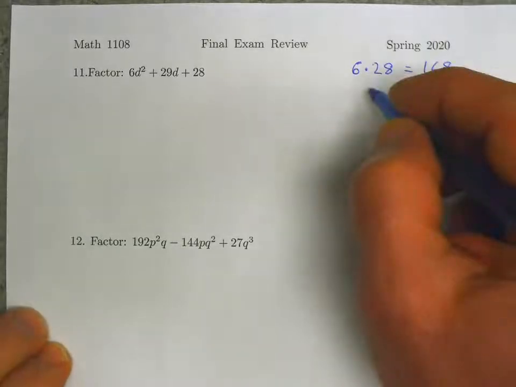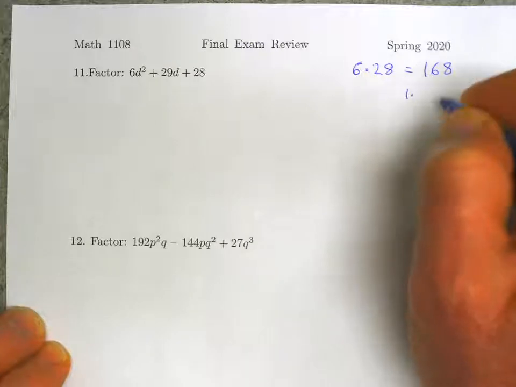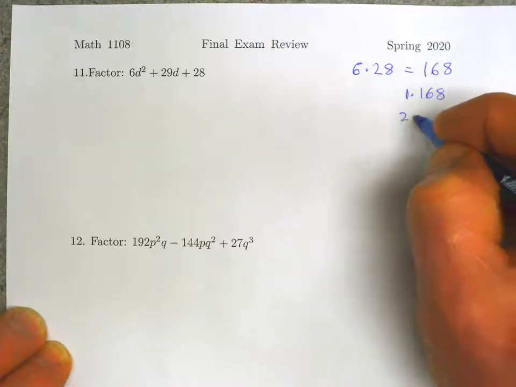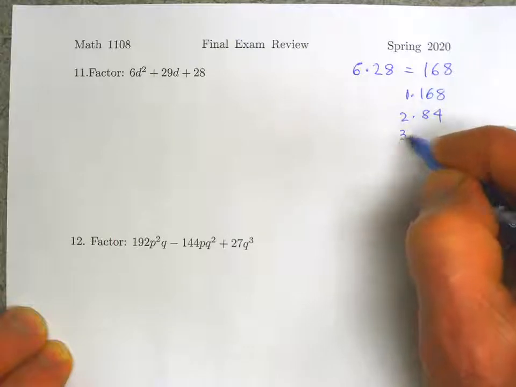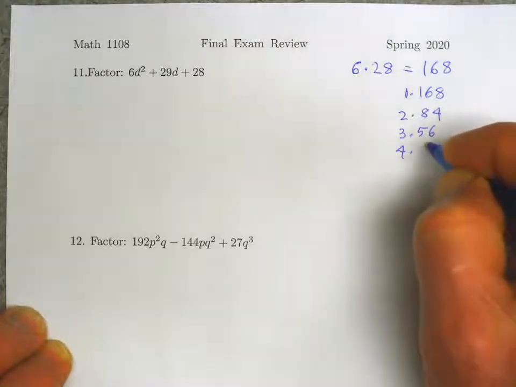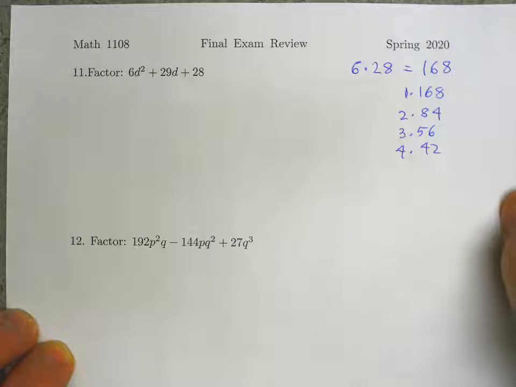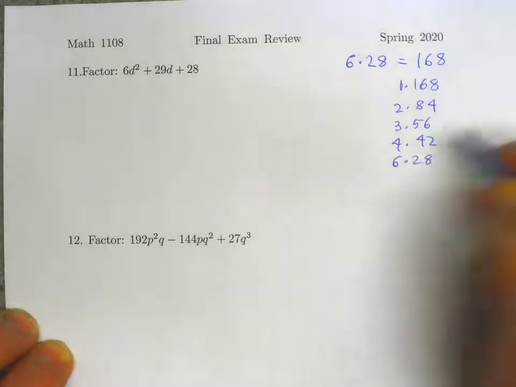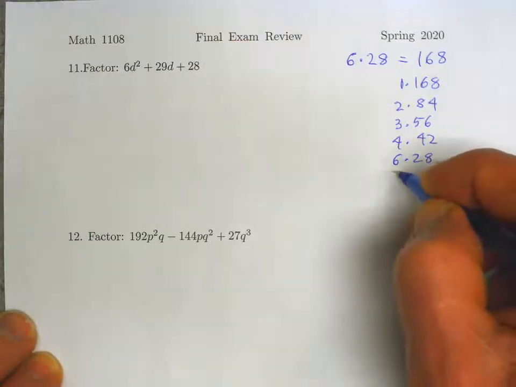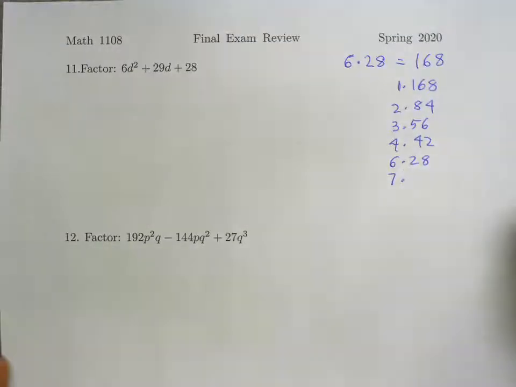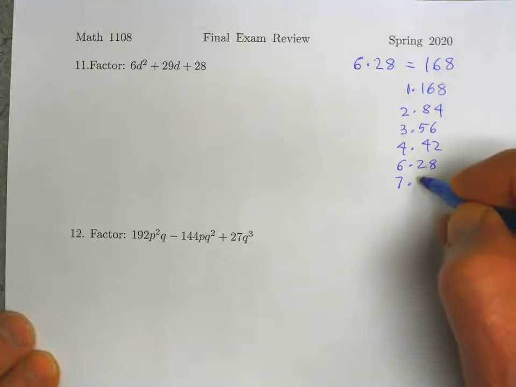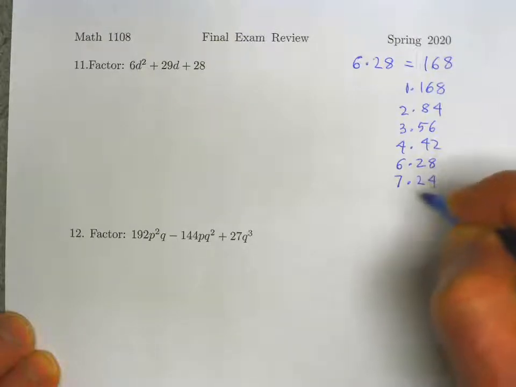Okay, so the systematic method, if you start at the extremes, 1 times 168, those add up to 169. 2 times 84, then 3 times 56, 4 times 42, 5 is not a factor, 6 times 28, those add up to 34, we're getting closer, and then 7 times, let's see, 24, yeah, that's right.